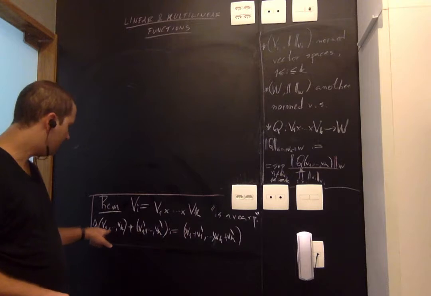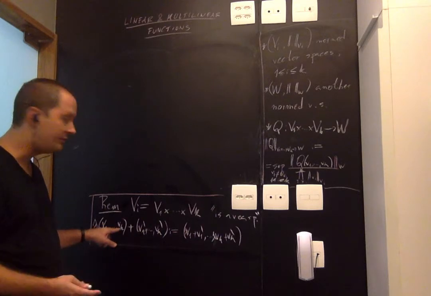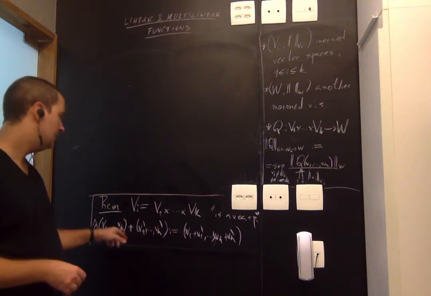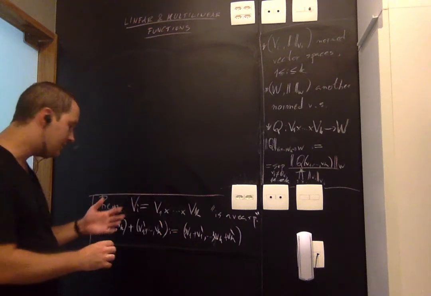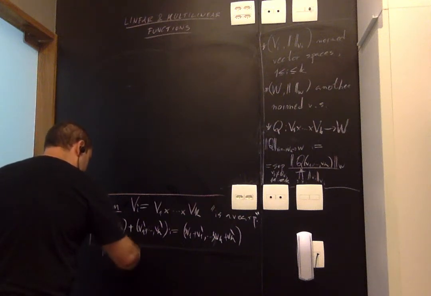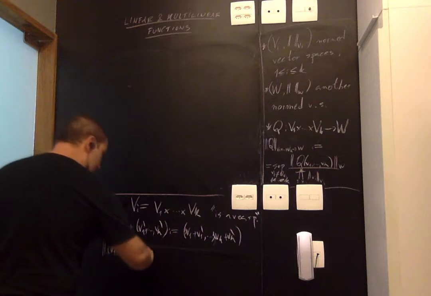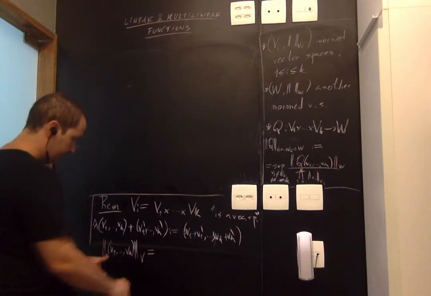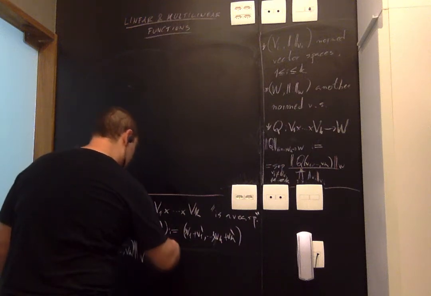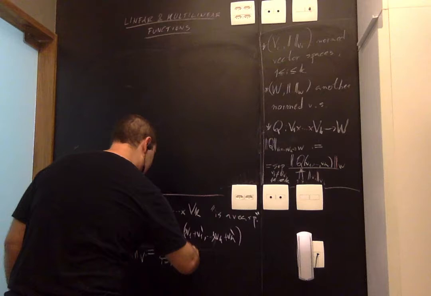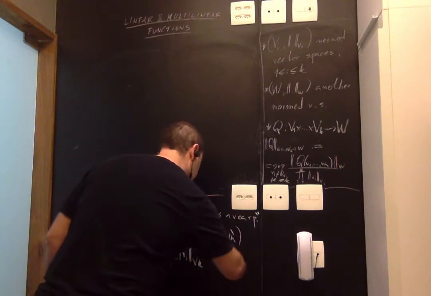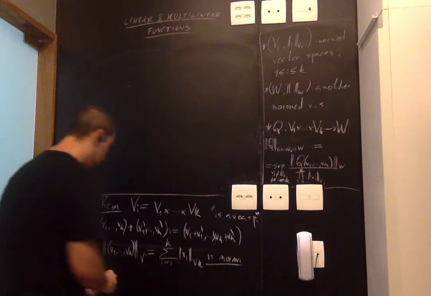There's a natural zero element, which is taking v1 equal to the zero vector of capital V1, v2 equal to the zero vector of capital V2, and so on and so forth. This is a vector space, and there's a norm on it. There are actually many norms on it that mean the same thing. One natural norm is just to say the norm of a k-tuple is the sum of the norms of the k elements.